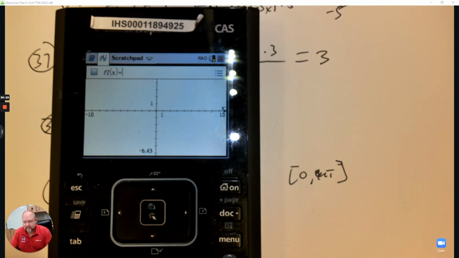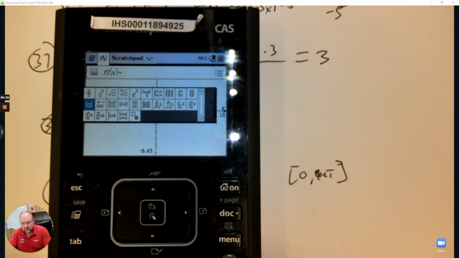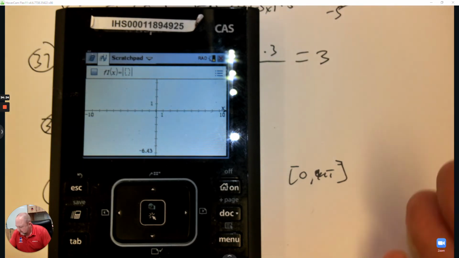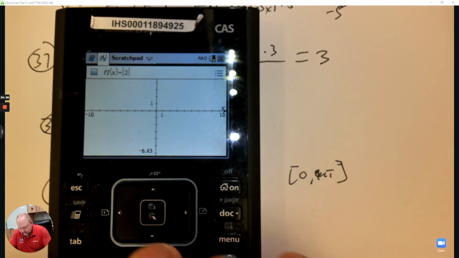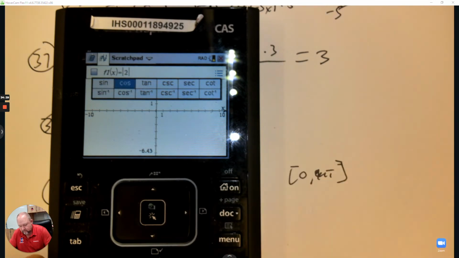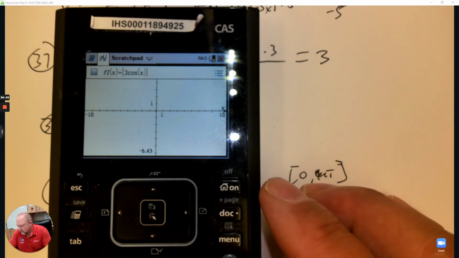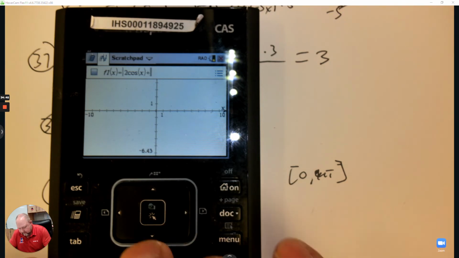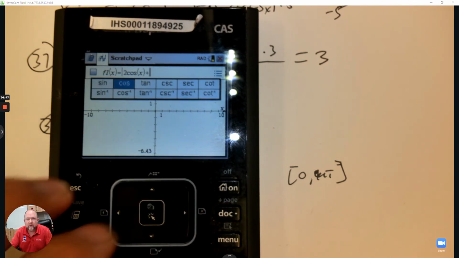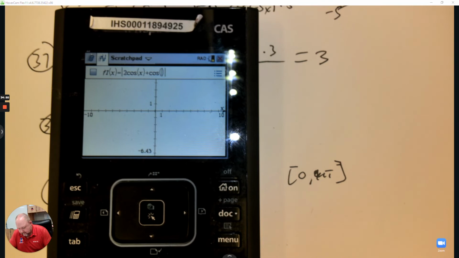Press tab and absolute value, and then type in 2 cosine x plus cosine 2x, and that's it. Just double check, right? Did I type it in correctly? I think I did.